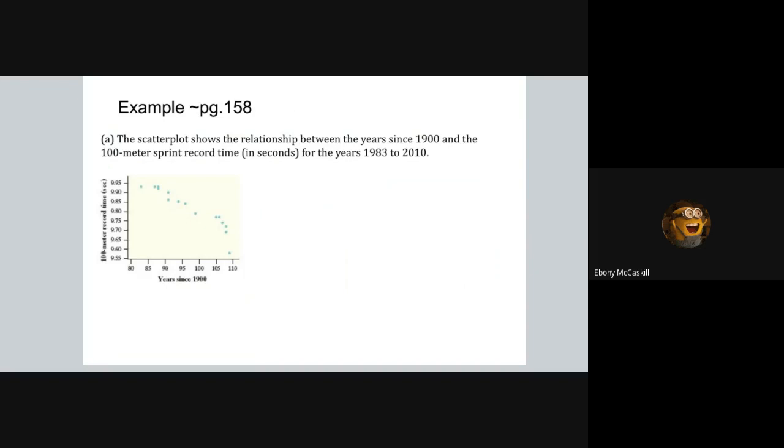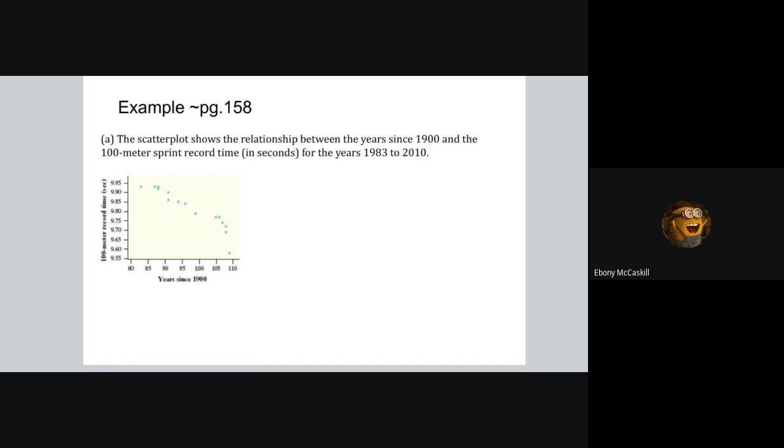So let's look at it, y'all. Let's start off with direction. Is it positive or negative? Okay, it has a negative trend. Does it have any unusual features? Yeah, okay, there's a point. Does anyone see any clusters? No? Okay.